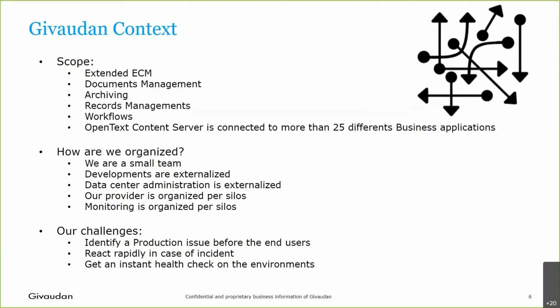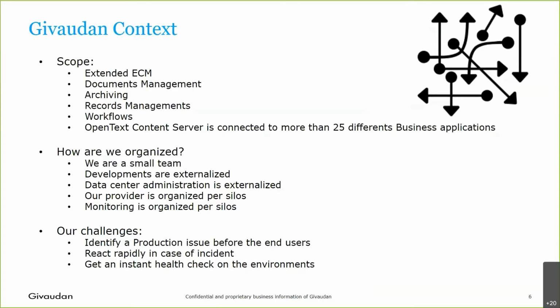So if I have a production issue on Oracle, it might take a couple of minutes or hours to figure out that my Content Server is impacted and maybe I won't be able to upload documents into Content Server anymore. So our challenge is to identify a production issue before the end users.